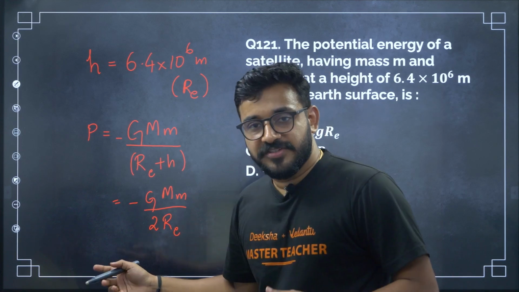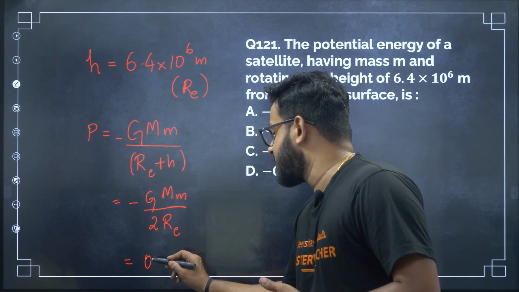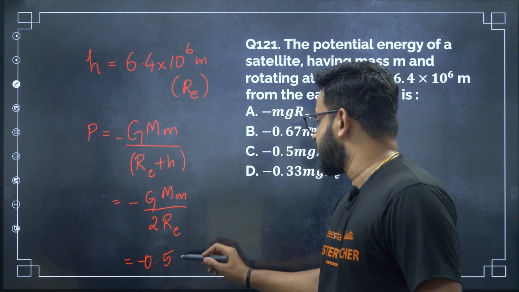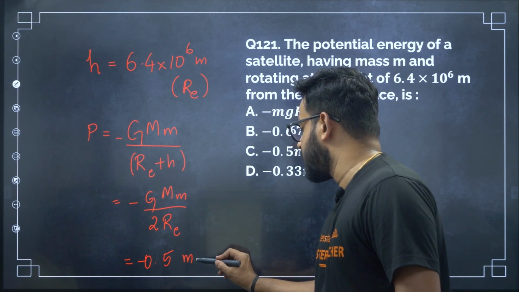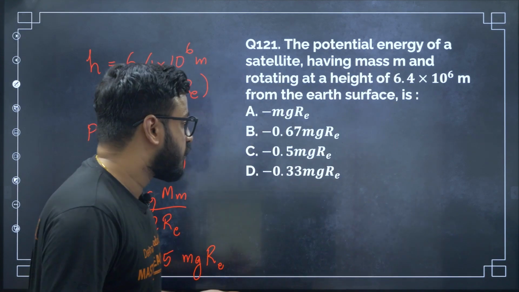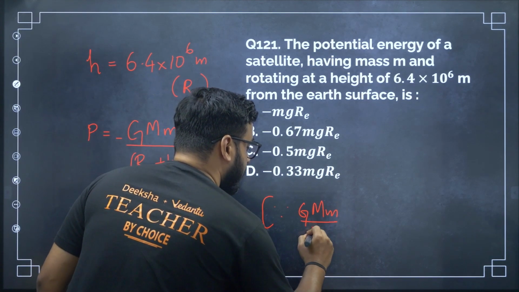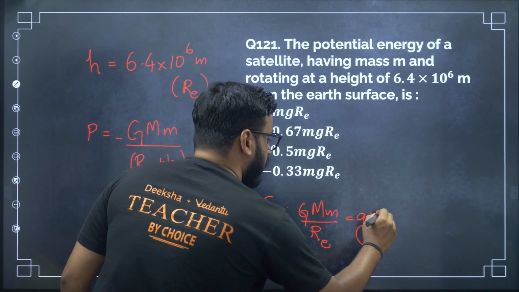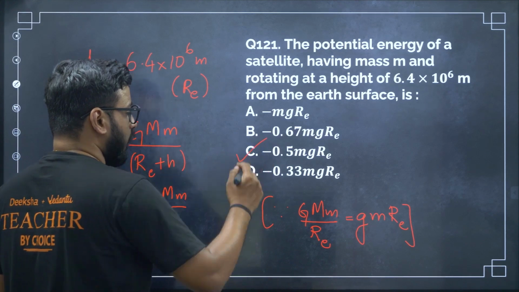So there is a 1 by 2 extra coming here, which can be taken as minus 0.5 into GMm by RE. This is also equal to mgRE, since GMm by RE can also be written as m g into RE. They are equivalent, and therefore this gives our first answer, that is option C.